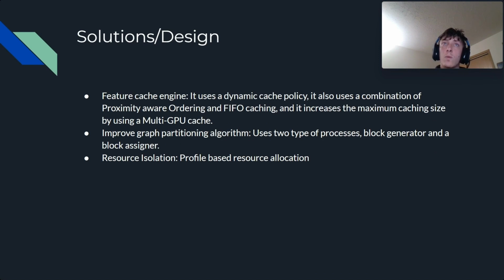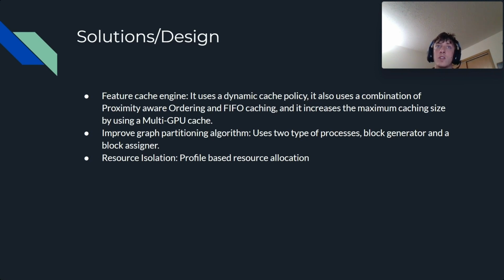Next, we will discuss the researcher's solution to these problems and the design implementations to solve them in their new BGL system. First, we look at the feature cache engine that will provide a solution to low hit ratio from static caching. The feature cache engine uses dynamic caching, which means it will constantly update the cache during runtime rather than only during pre-processing.